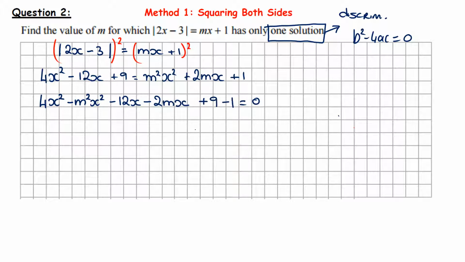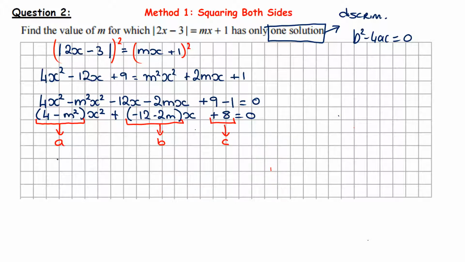So cleaning that up, I'm going to take the 4 minus m squared out in front of the x squared, plus, minus 12 minus 2m times x, plus 8 equals 0. So yes, it's a bit complicated. However, we have a quadratic where this represents our a, this represents our b, and this represents our c.